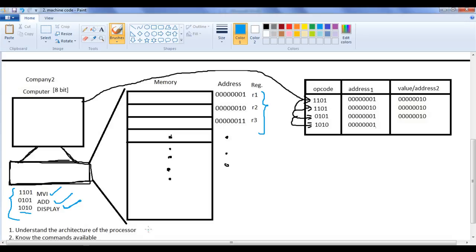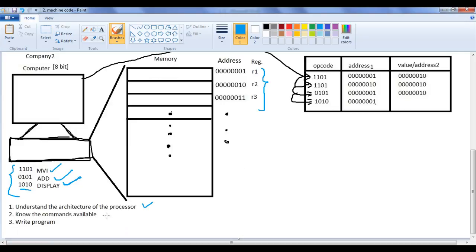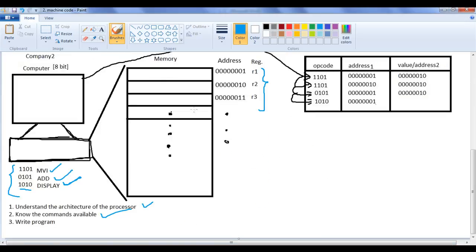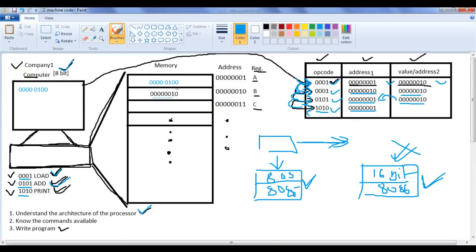Of course, we have to understand the architecture, then only we can write the code. We have to understand the commands available, then only we can write a machine code for that computer, right? So here you can see that to perform the same addition of two numbers, we have a different code. Here we have 0001 to indicate the load operation.